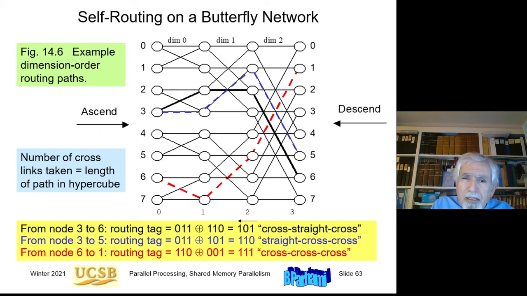The structure of the butterfly is that nodes 0 and 1 are connected between the 0th stage and first stage. So this is the +1, this is the -1 connection. So 0 to 1, 1 to 0. In the next stage, we have +2 and -2 connections. And in the last stage, +4 and -4 connections.